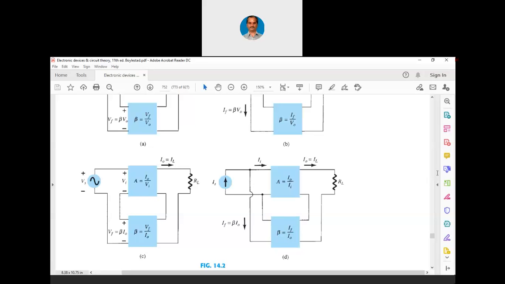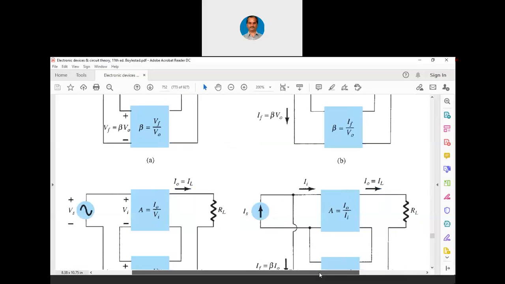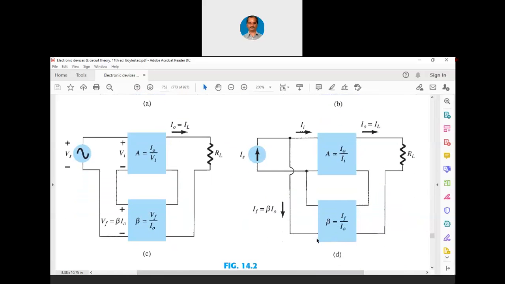Because you asked me the question, let me elaborate this now. Let me slightly zoom this. Now, in all these four feedback networks, you know that the amplifier is going to give a 180-degree phase shift, right? Let me annotate. In all these networks, the amplifier is going to introduce a 180-degree phase shift.